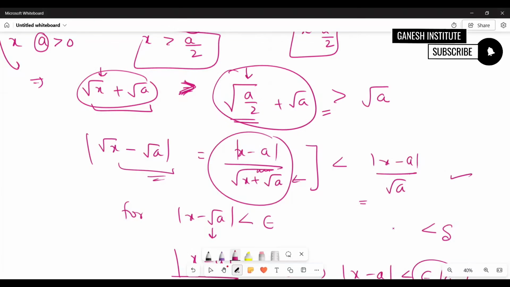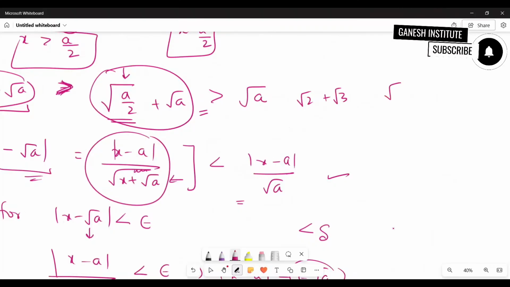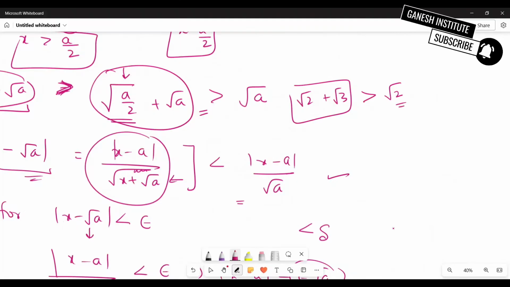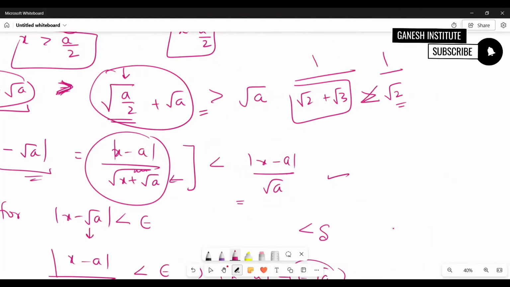So if you see, I have root 2 plus root 3, and here I have only root 2. So of course, this value is more than the right side value, right? And if I now change it to fraction form, then the sign will change. Because now if the denominator gets decreased, then the fraction increases.